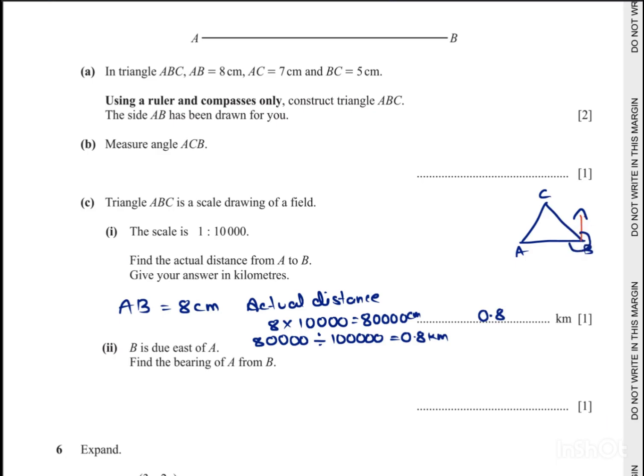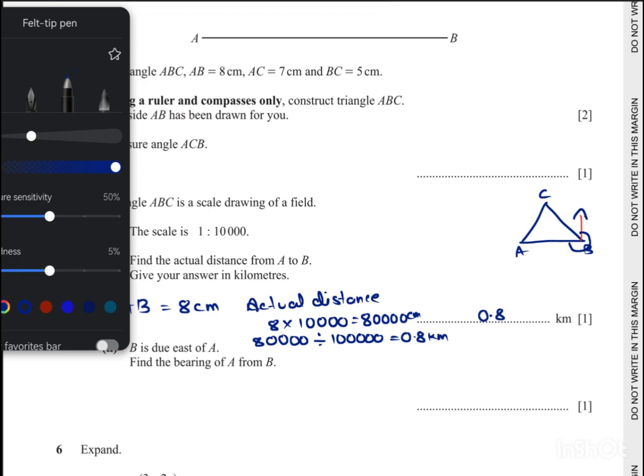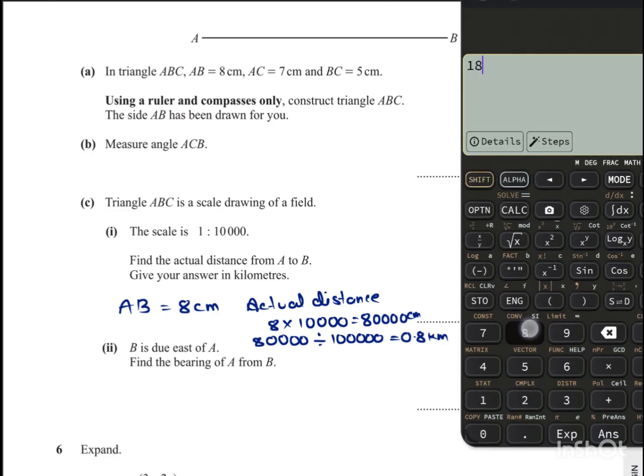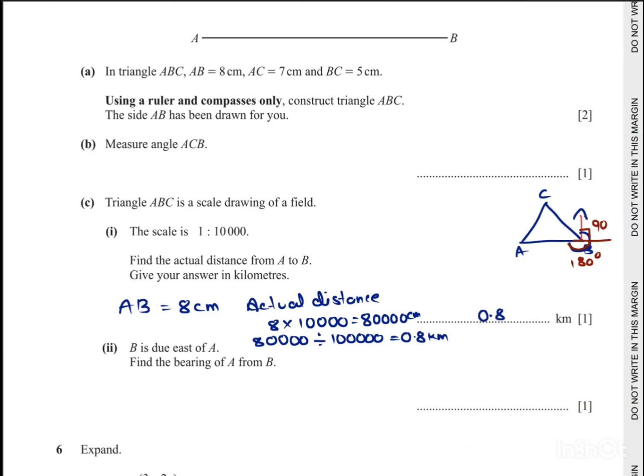When you want to find the angle here, if I extend this line, this will be 90 degrees and this remaining angle will be 180 degrees because A and B are in a straight line. 180 plus 90, 270. So that is the bearing of A from B.